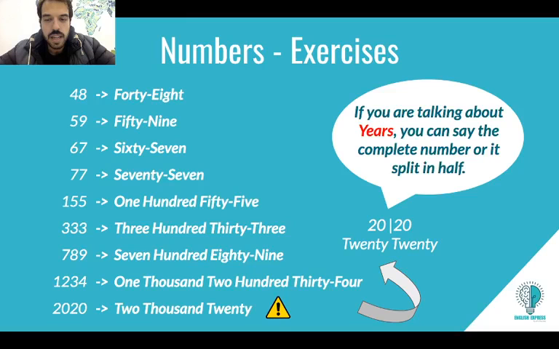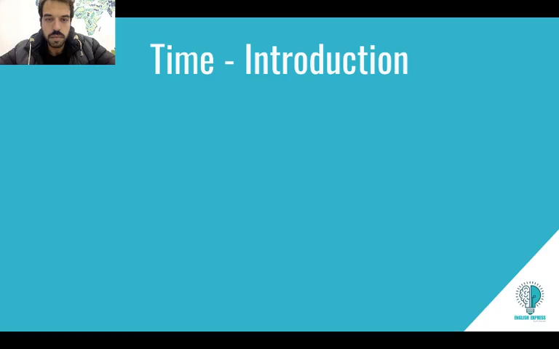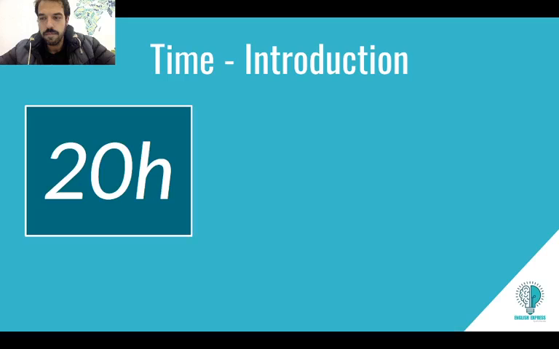Amazing, guys. So let's move on and finally start with time. Okay, so our class today started at 20 hours. In this case, this is the time of Morocco, okay? In English, we don't speak like this.